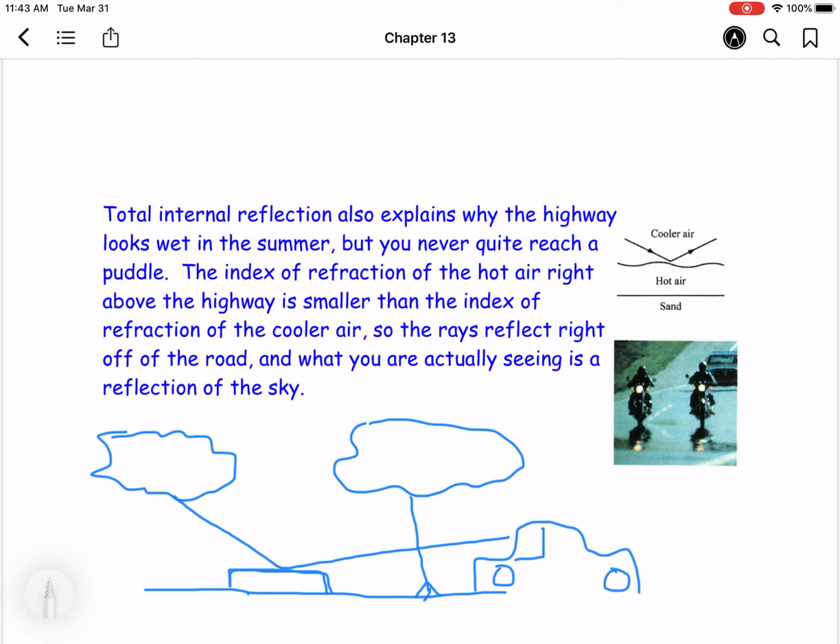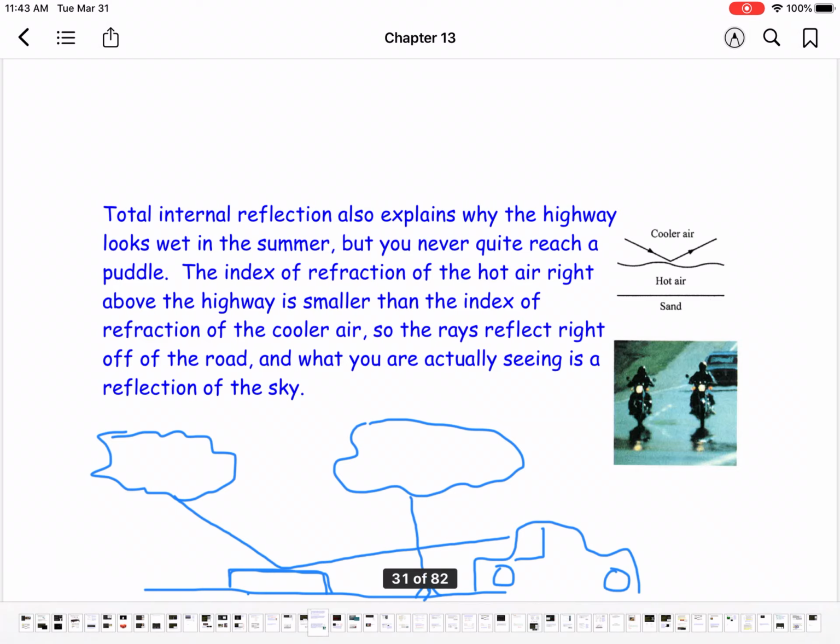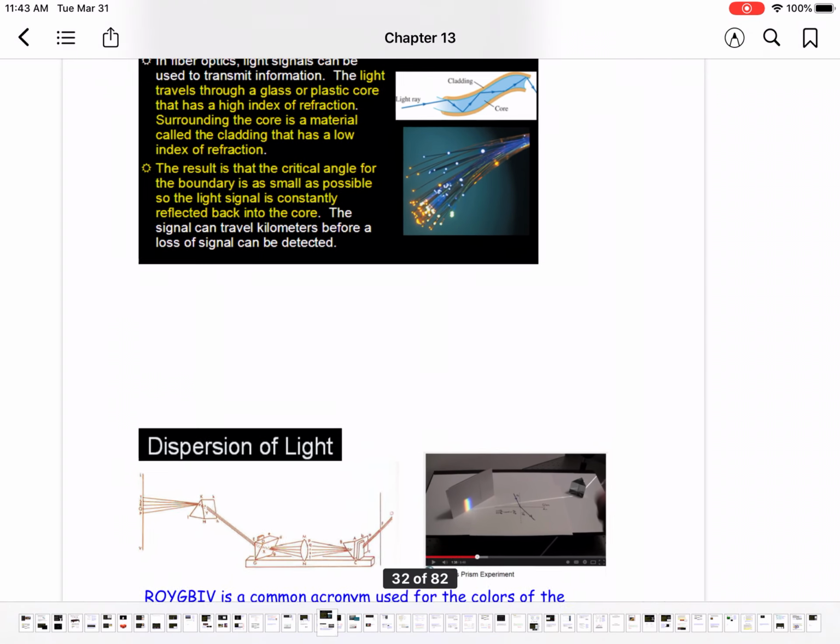So what you're actually seeing off the road is the sky. In this case, you're seeing the light coming off the motorcycles and then into your eye. Right in front of you, that puddle won't appear, and if it's too far away, it's harder to see to begin with. So it's interesting how this explains some stuff we actually see.